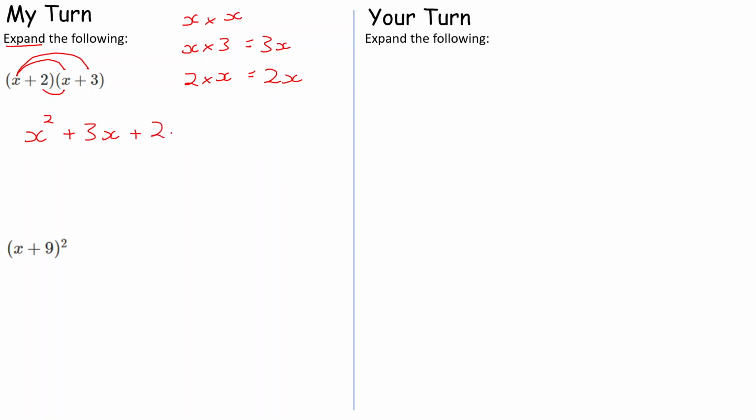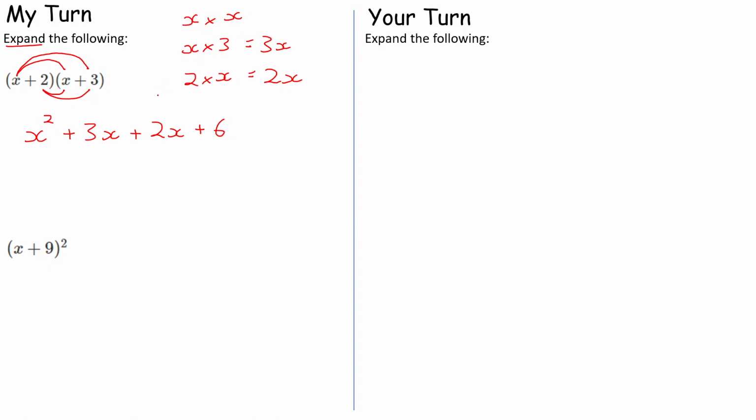And then finally, we do this 2 times by 3, which is equal to 6. So you've got that plus 6 on the end. This is called the claw method, because it looks a bit like a claw. So you're timesing out all of the terms to give us this.